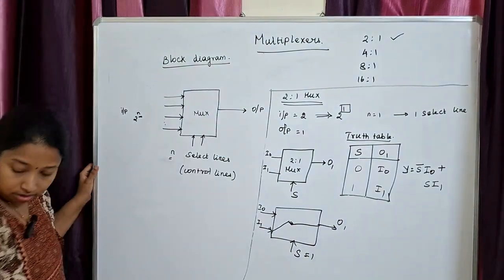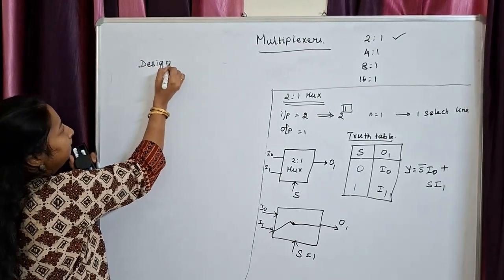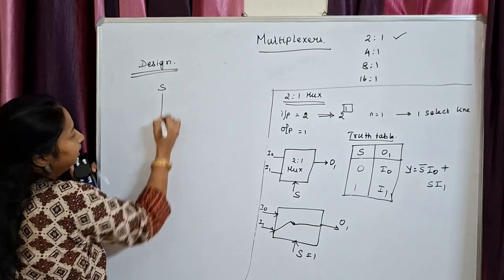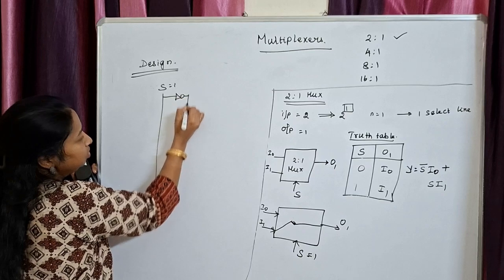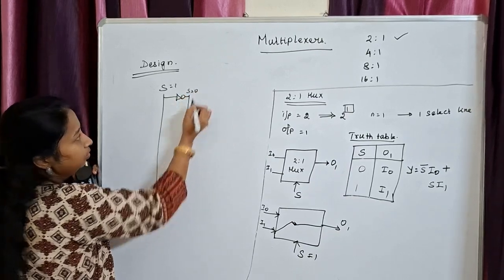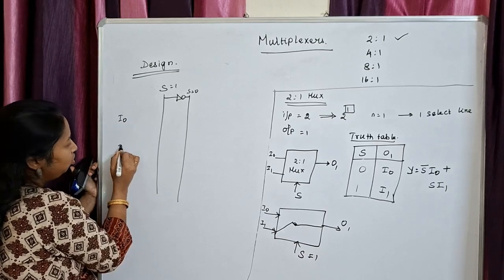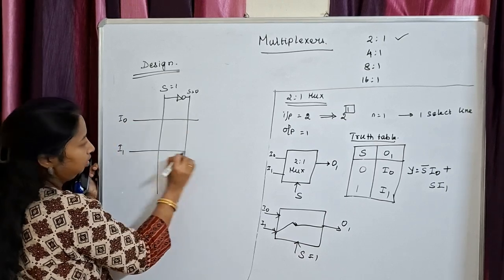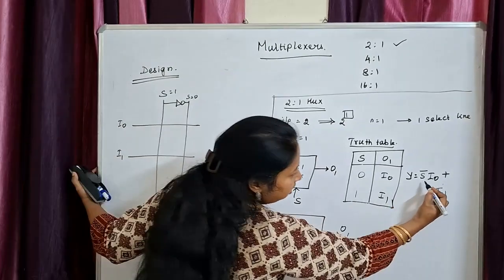Now try to design it. Take the select lines. S is equal to 1, and in case S is equal to 0, here S will become 0. Clear? How many inputs do we have? We have got I0 and we have got I1. Fine. Now, based on your expression, what is the first term?